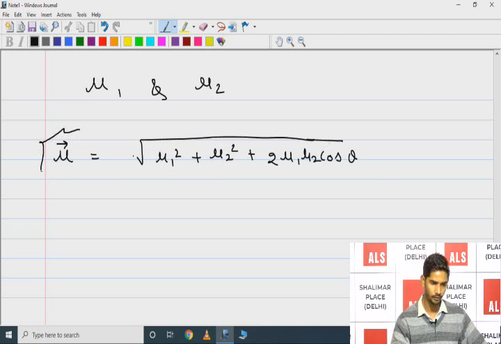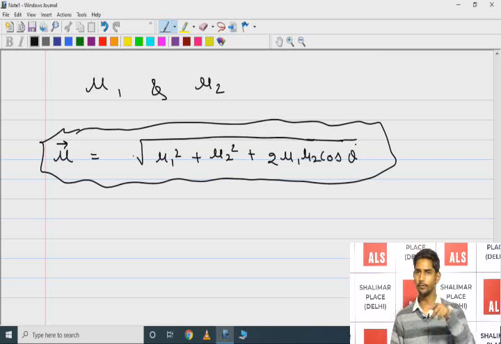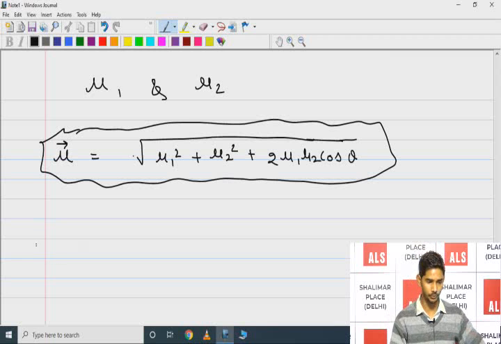I guess you have already studied this formula for the resultant vector in physics as well. Just copy this formula and use it while solving this question.